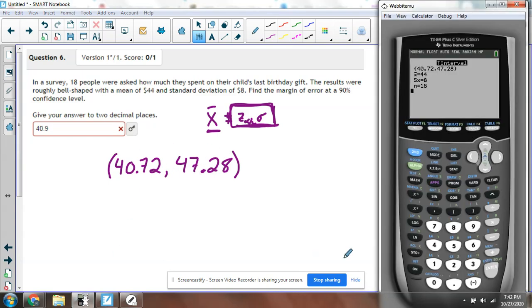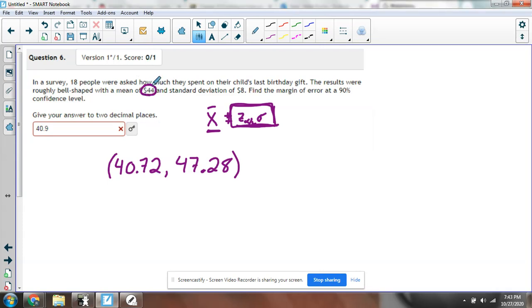So I'll just take those two numbers, 47.28 plus 40.72. Add them together, divide by 2. I get 44. So 44 is smack dab in the middle, which makes sense because that's our x bar. That's the mean from the sample.